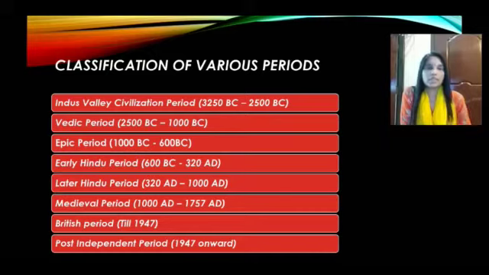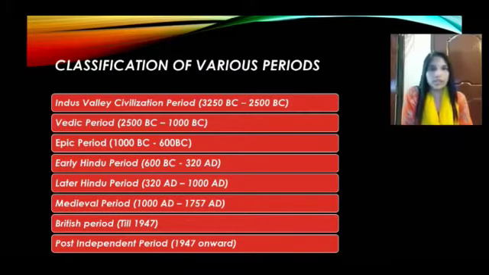Here BC means before Christ and AD means Anno Domini. Then the medieval period, from 1000 AD to 1757 AD, the British period till 1947, and the post-independent period from 1947 onward.